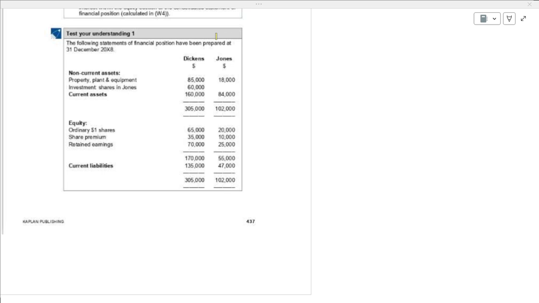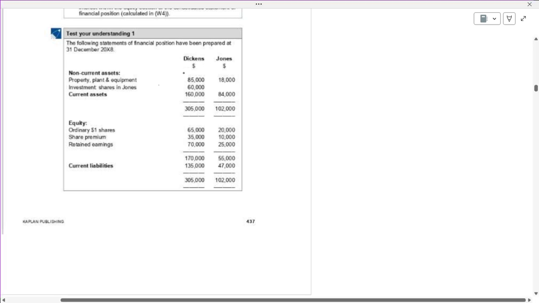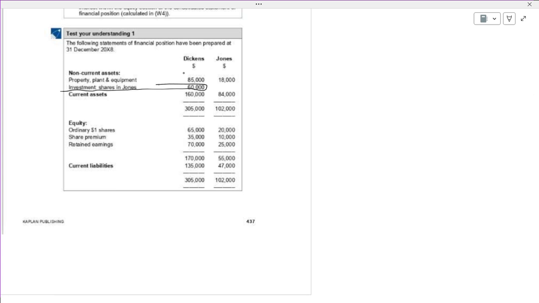It says they have plant and machinery. They are talking in terms of investments. This is more critical. We will eliminate this. Investment, you have ordinary shares.